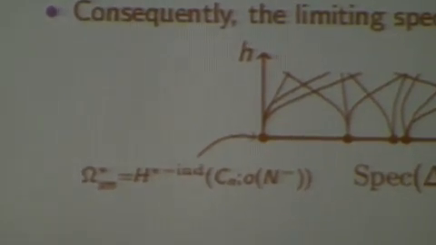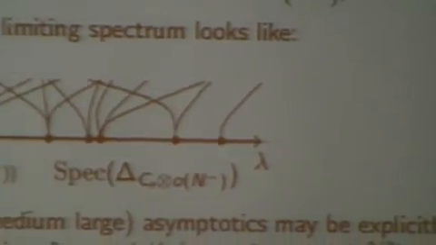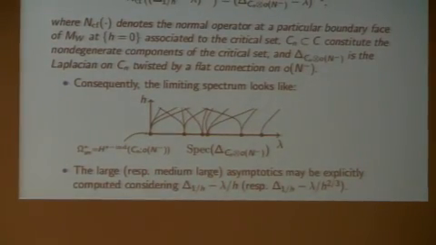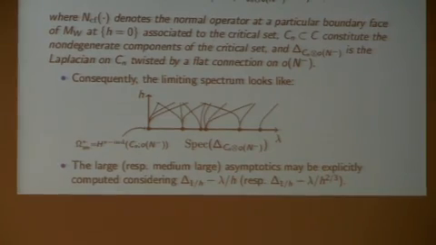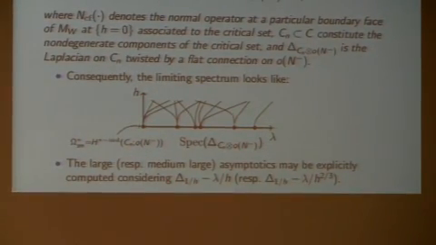It's the correct shift that is not completely obvious from the statement of this theorem, but comes out. So we can also see, if you're interested in the large or medium-large asymptotics, just by rescaling the spectral parameter, there's a similar normal operator that shows up, and in principle you can compute exactly what the limiting spectrum is in those two asymptotic cases as well.